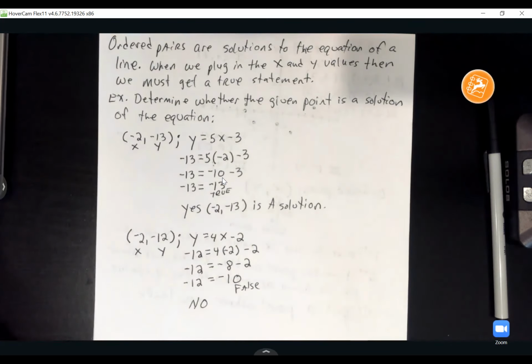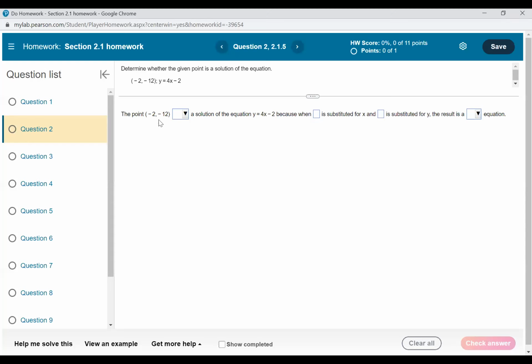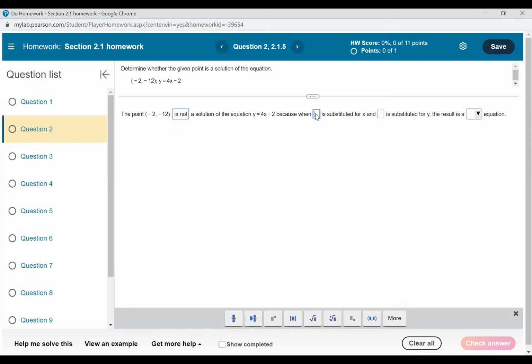So let's show you how you're going to put that in MATLAB. So we said that is not a solution. So you're going to click the first one and say it's not a solution because when blank is substituted for the x, well, that's -2, and blank is substituted for the y, well, that was a -12, the result is a false equation.